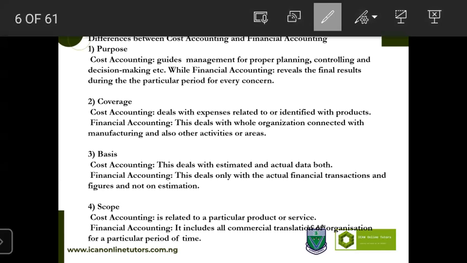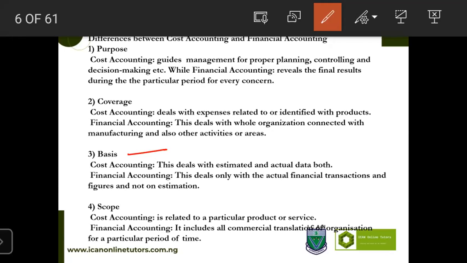Another one is the basis of the figures: financial accounting is on actual, it's never given as an estimate. If you are preparing the financial information of a company, they would have already given you the actual data.